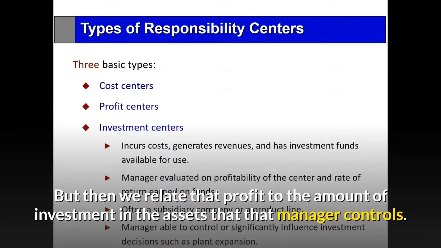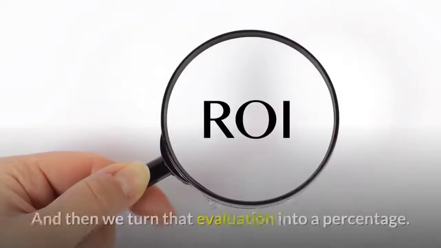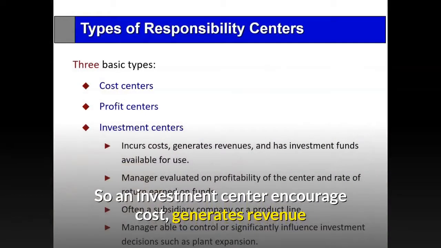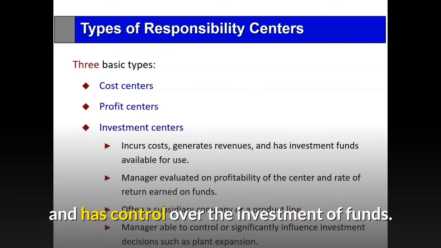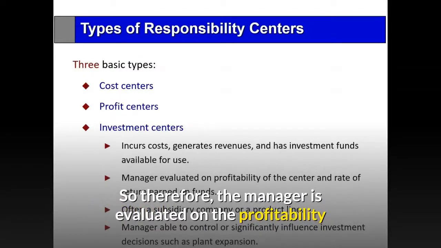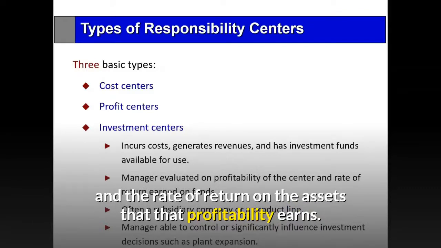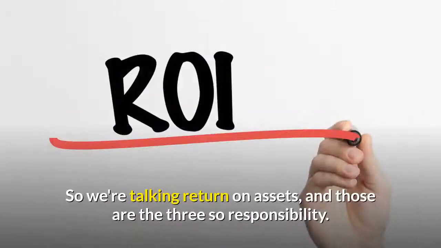But then we relate that profit to the amount of investment in the assets that that manager controls. And then we turn that evaluation into a percentage. So an investment center incurs costs, generates revenue, and has control over the investment of funds. So therefore, the manager is evaluated on the profitability and the rate of return on the assets that that profitability earns. So we're talking return on assets. And those are the three.